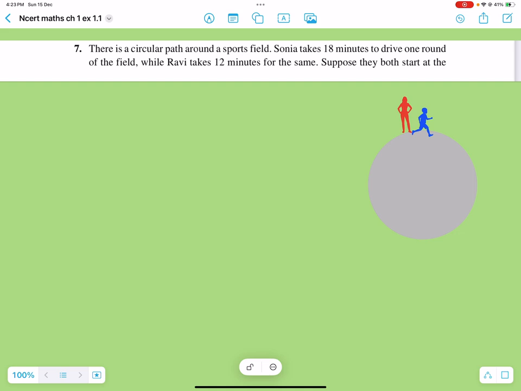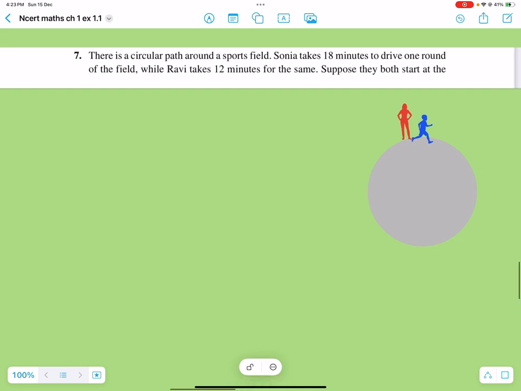We need to find the LCM of those two numbers. That's it. That will be your answer. If you visualize, that will be like a least common multiple. So the first meeting point would be the least common multiple of the time taken by both Ravi and Sonia to complete one circle, right?